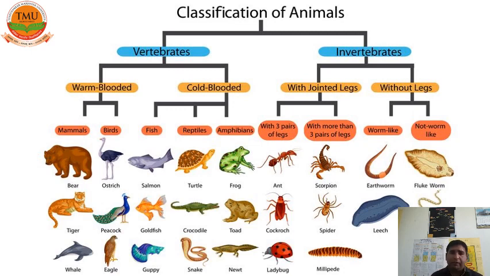Animals are classified roughly into invertebrates and vertebrates. Invertebrates have several phyla like Protozoa, Porifera, Coelenterata, and Arthropoda, which includes insects, earthworms, fluke worms, and several types of lower animals.